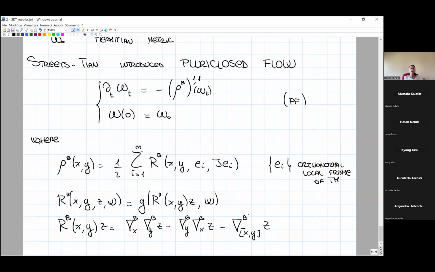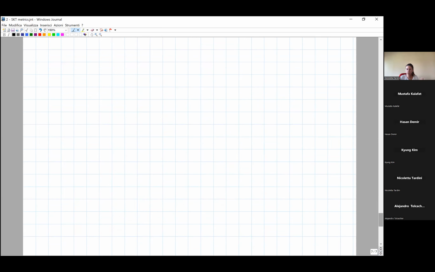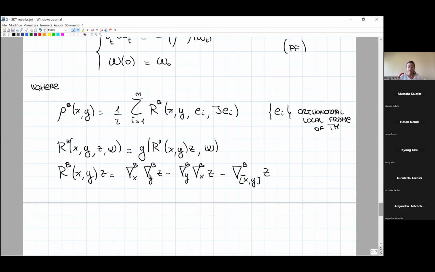It's the unique Hermitian connection whose torsion is totally skew-symmetric. Okay, and then you have a connection, you can define the curvature tensor, and you can define the Ricci form. So these are rho B is the Ricci form of the Bismut connection.